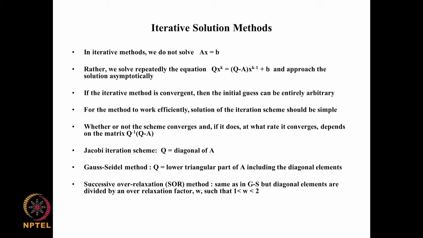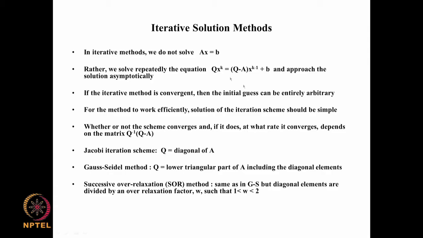Just like when you look at the LU decomposition method, once you resolve A into the product of L and U, then the solution is pretty easy, but the decomposition of A into L and U itself is computationally expensive. So although the solution of LU equal to B is easy, converting A into LU is so expensive that the overall scheme is more computationally intensive than the Gaussian elimination method.